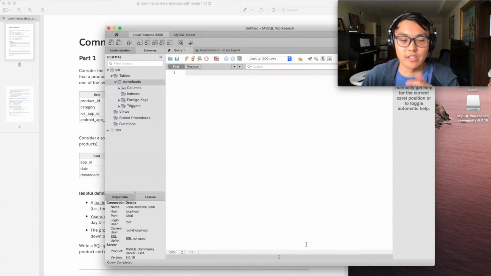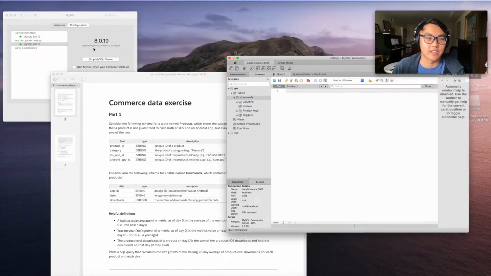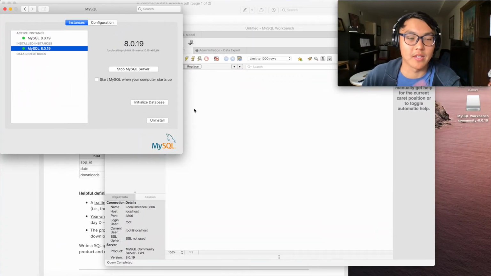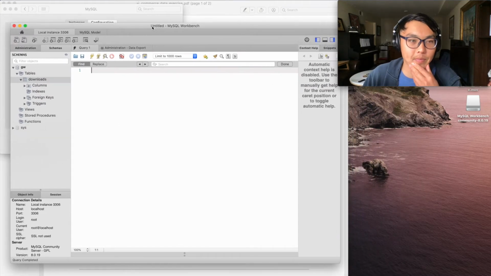We also have a SQL server that exists right here. So you'll have to set up MySQL, get it running, initialize the database, and then run the SQL to create the tables and insert the data that we have. That's pretty easy. We're going to pass by that.